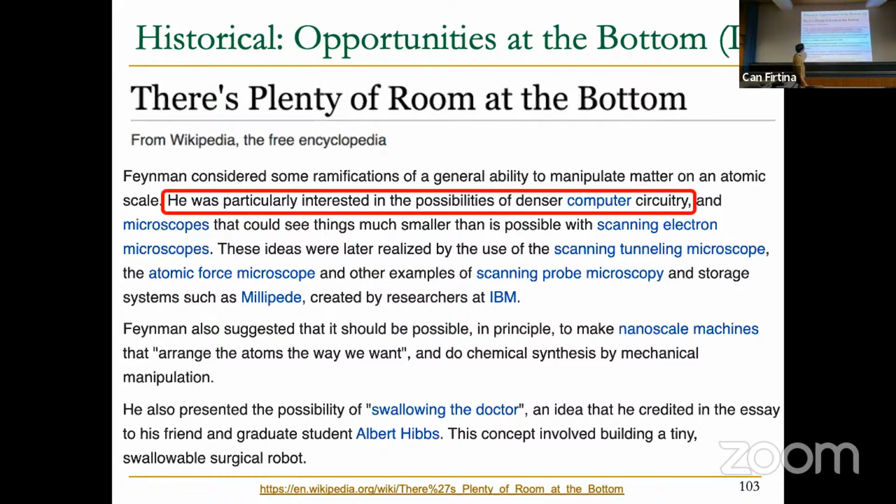And here, he was particularly interested in the possibilities of denser computer circuitry. We have circuits that are more and more dense these days, memories that are more and more dense. That has a lot of advantages because, for example, if we talk about DRAM memories, you can store more bits per unit of area, but that also creates new problems that we have to solve.